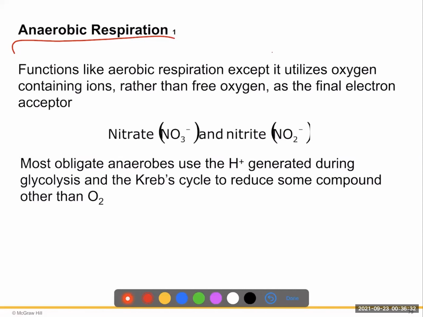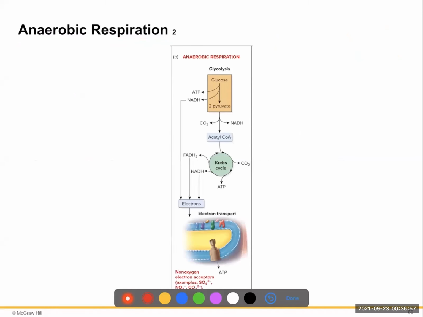Okay, so it uses like NO3, CO3, sulfate. It uses oxygen compounds, not pure oxygen. That's the difference. Most obligate anaerobes, so they have to not have oxygen, use the H+ generated during glycolysis and the Krebs cycle to reduce some compound other than oxygen. So they don't have to use oxygen.